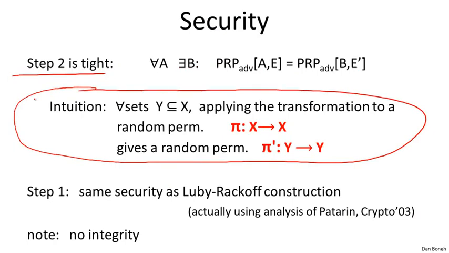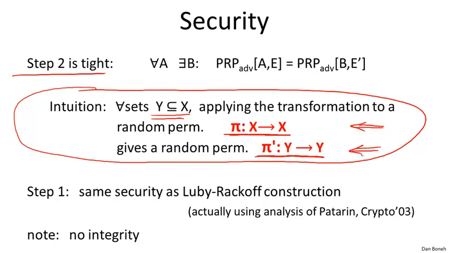It says that if you give me any two sets y and x where y is contained inside of x, then applying the transformation that we just saw to a random permutation from x to x actually gives a random permutation from y to y. So if we started with a truly random permutation on x, you'll end up with a truly random permutation on y, and since the permutation we're starting with is indistinguishable from random on x, we'll end up with a permutation that's indistinguishable from random on y.